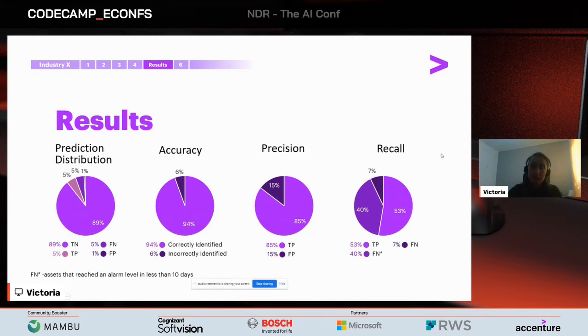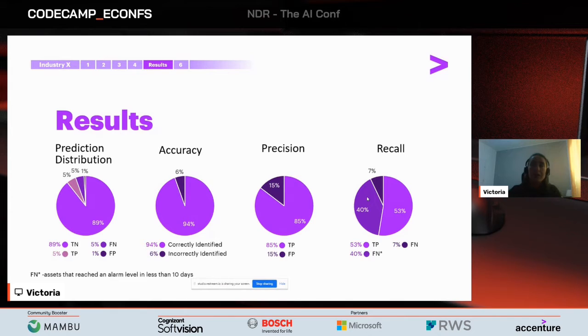And for the recall, the results are a bit more modest because out of the assets that were in alarm state, we identify 53%, with the mention that 40% of these results actually were assets that went into alarm state, but went into alarm state earlier. So started being in alarm earlier.